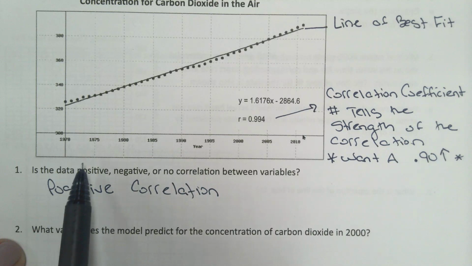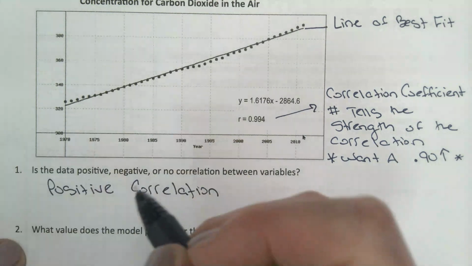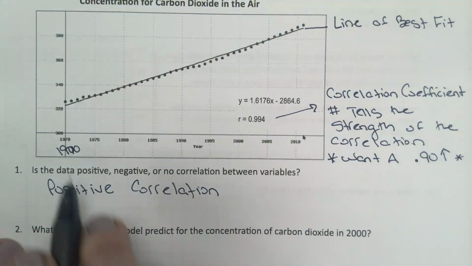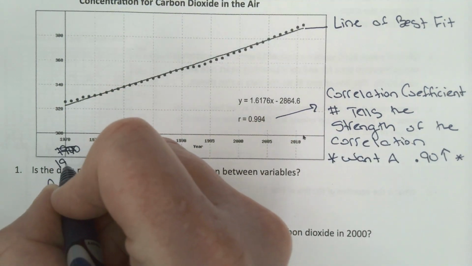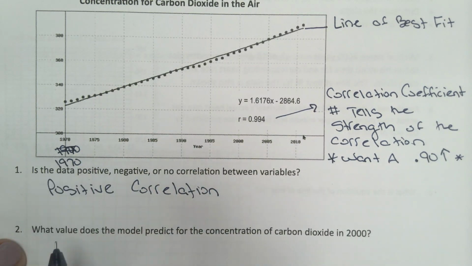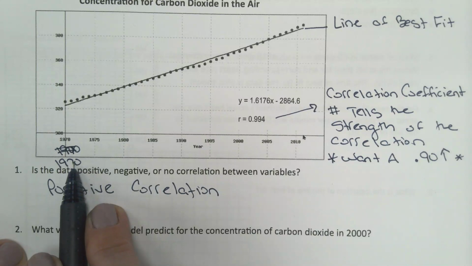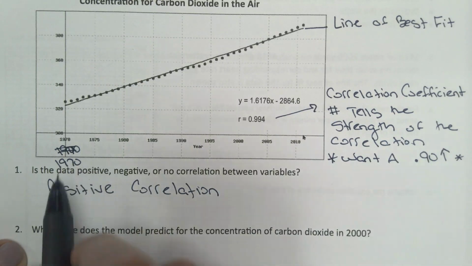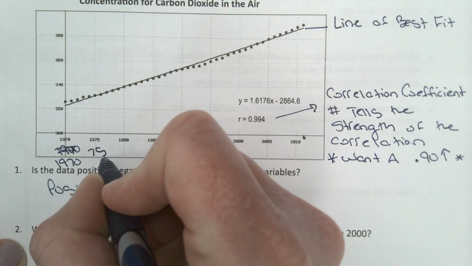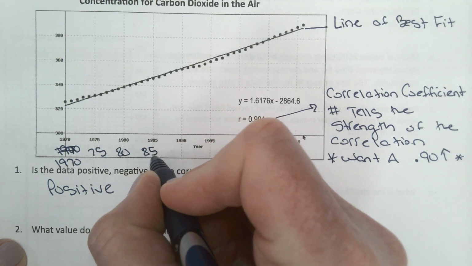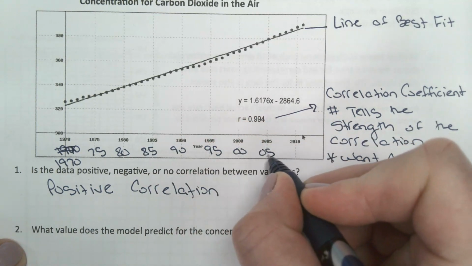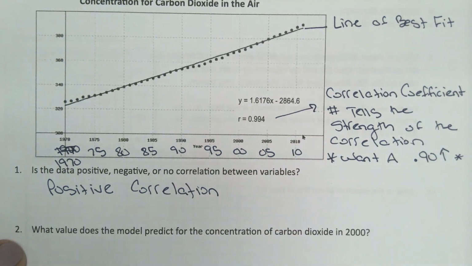All right, so we have gathered some data over time. If you can't read that, it says 1970. This is not actually the y-axis. This is probably the first year that they started gathering data. So in 1970, and then they gathered some more information in 75, 80, 85, 90, 95, 2000, 05, and 2010.